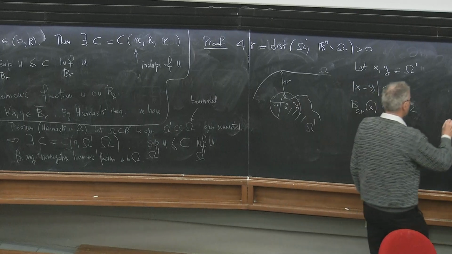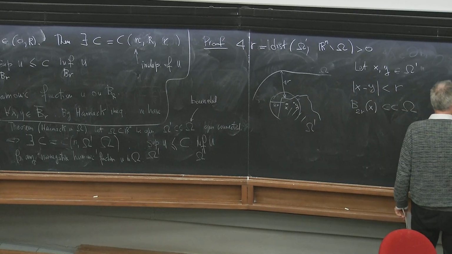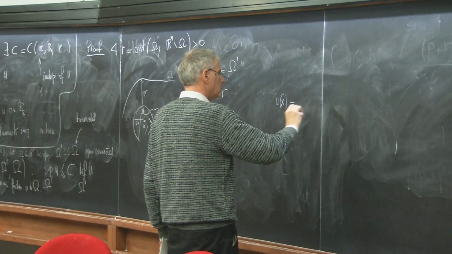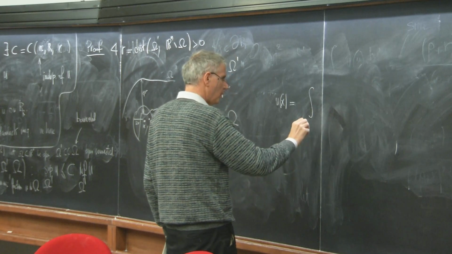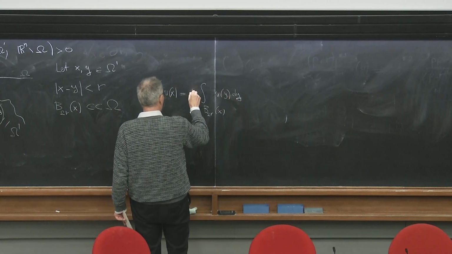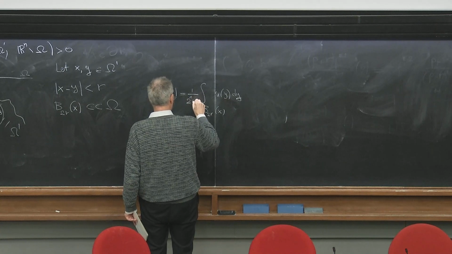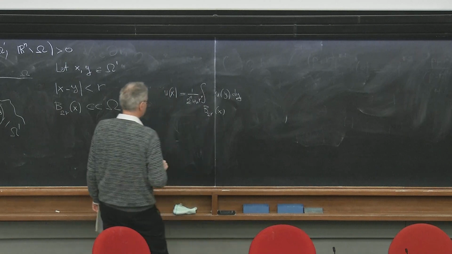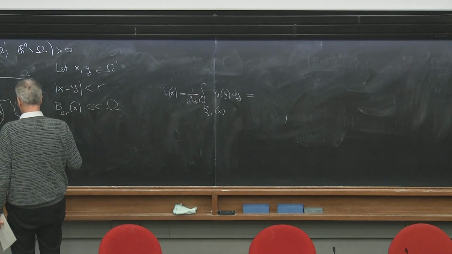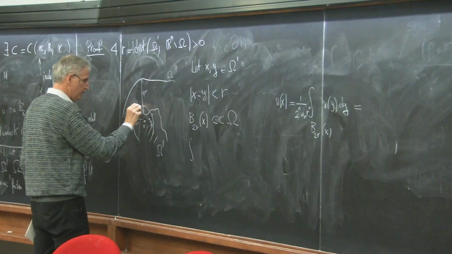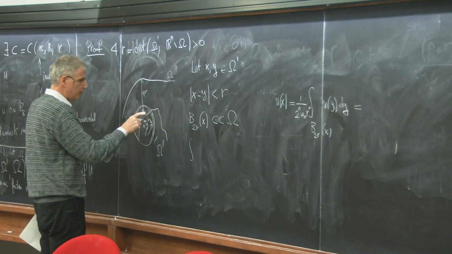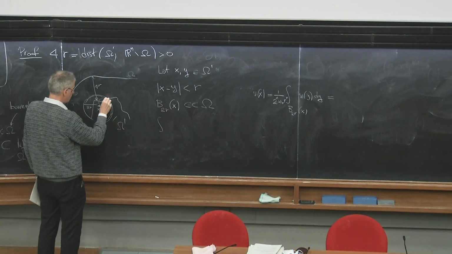So what do we have? Here we have that u of x is equal to its mean value, the volume mean value formula, 1 over 2^n omega_n r^n. Then we know that y is contained in this ball because this distance is at most r, and also the ball centered at y of radius r is still contained in this ball, no?